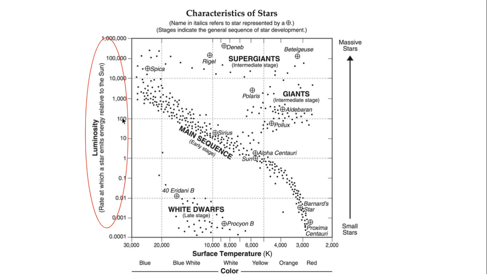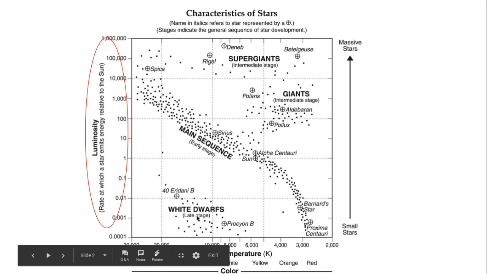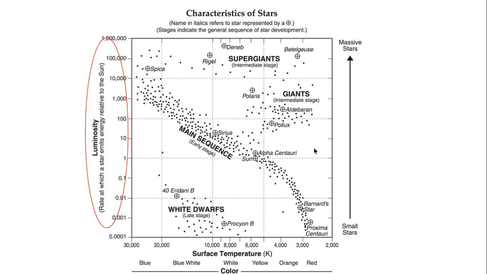So for instance, if we look at these stars up here, all these stars on this line right here are 1,000 times brighter than our own sun. Anything down here is 1/100th as bright as our sun, and so on and so forth. So all these down here are very dim stars. All these up here are bright stars, and the ones in the middle are just kind of average.